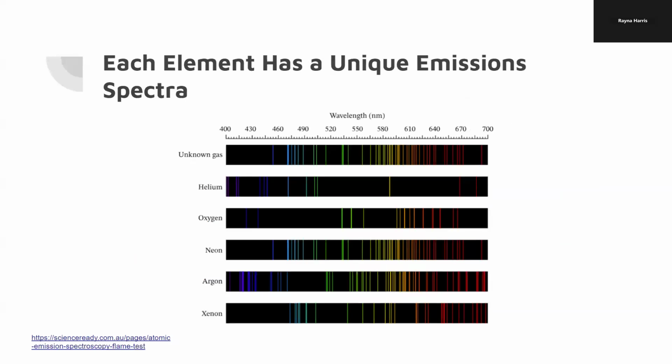There are tools to measure every single color and every single wavelength that is emitted. These are called emission spectra. We have helium, oxygen, neon, argon, and xenon. They all have unique atomic emission spectra, like a fingerprint.